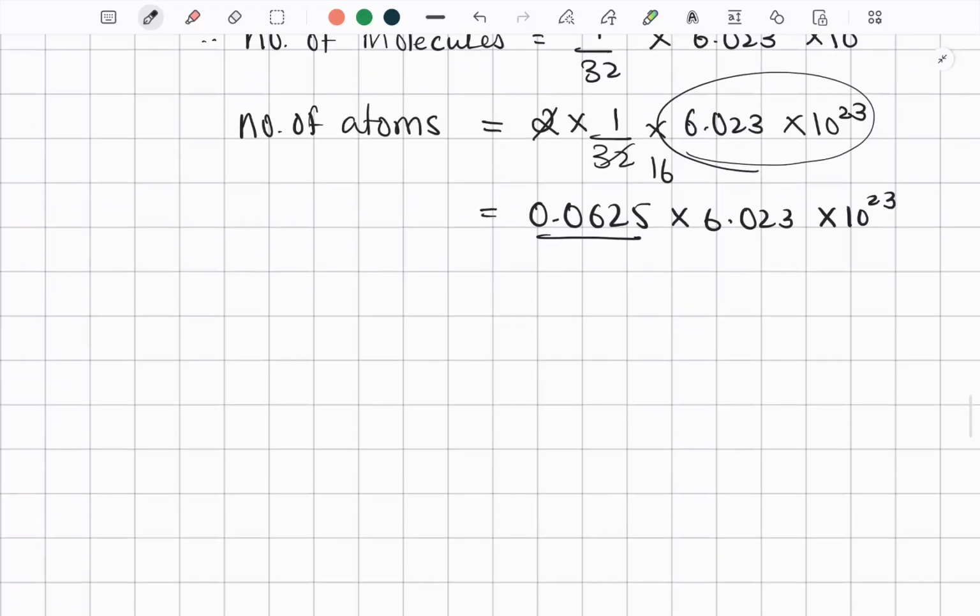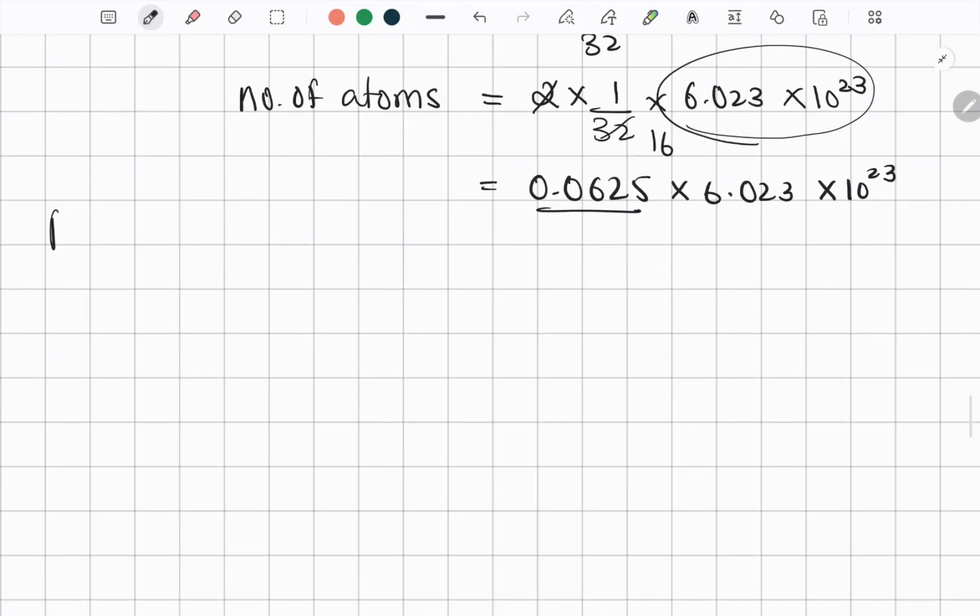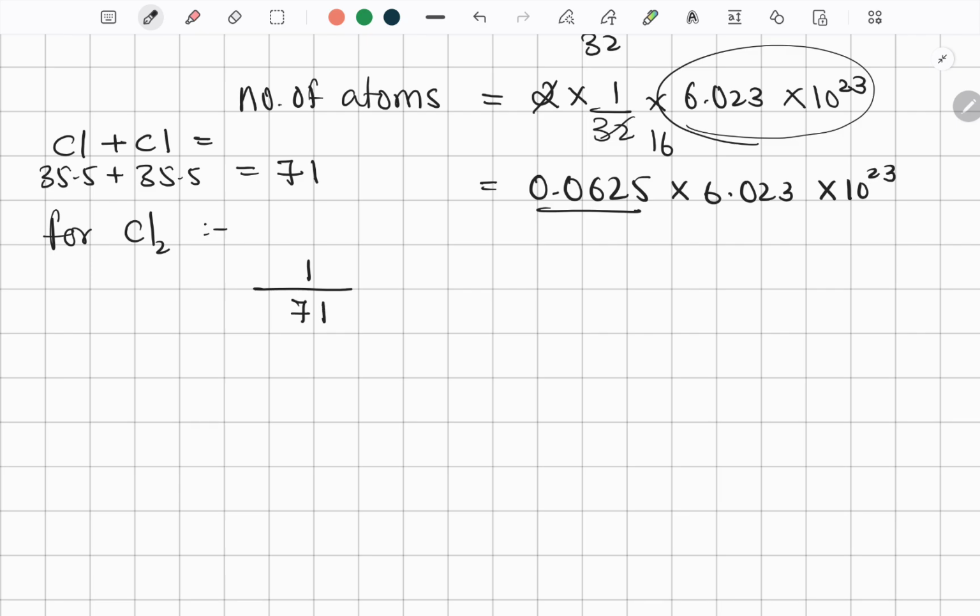Now let's go for the Cl. For Cl2, again the mass is the same, 1 gram, divided by the gram molecular weight. First of all, how do we get Cl2? We get Cl plus Cl, which is 35.5 plus 35.5, and we get 71. So 1 gram divided by the gram molecular weight, 71.